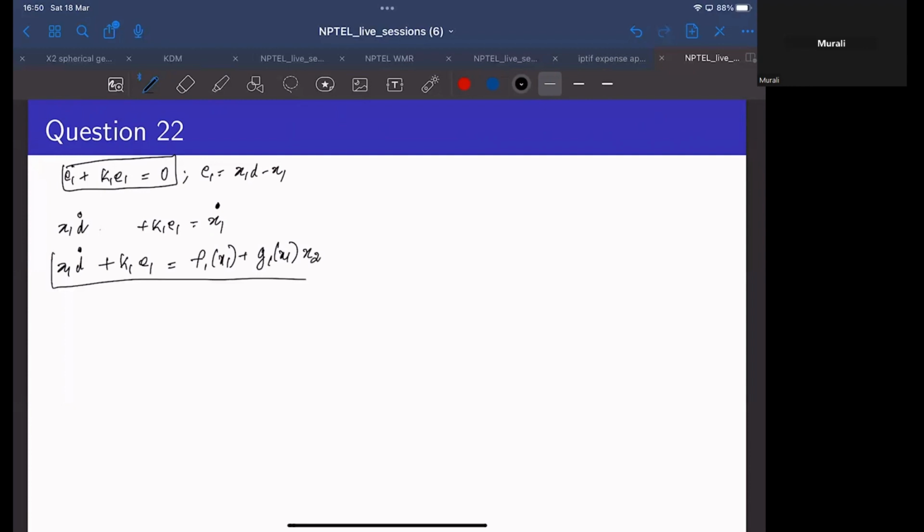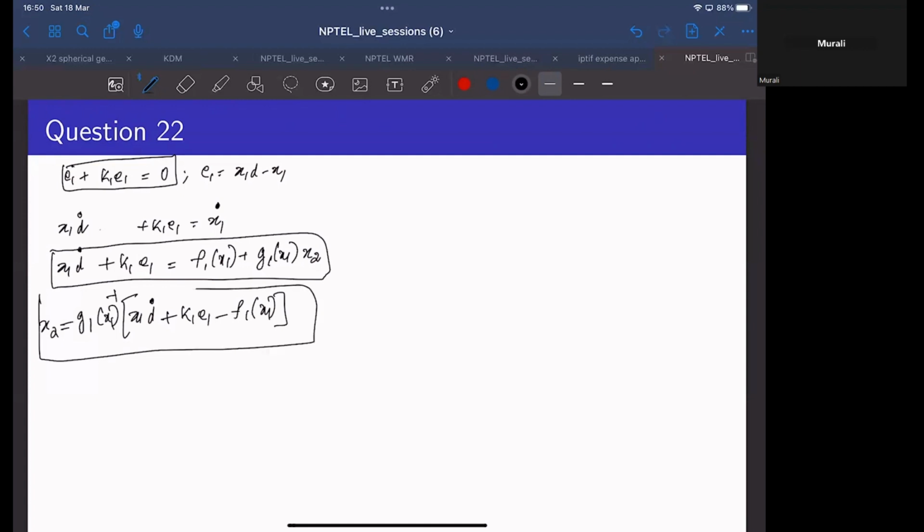And from this expression, what is x2? What is the control input? x2. So on rearranging, this would look something like x1 desired dot plus K1 E1 minus f1 of x1, the whole multiplied by g1 of x1 inverse, that would be x2. So I'm copying this thing back to the previous slide.